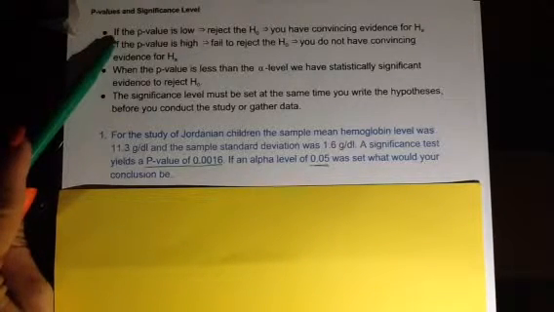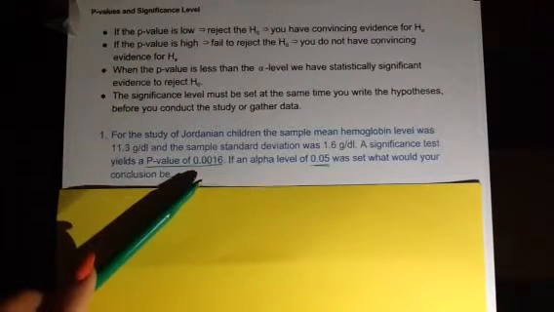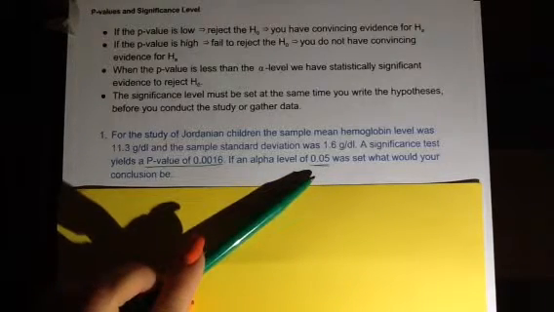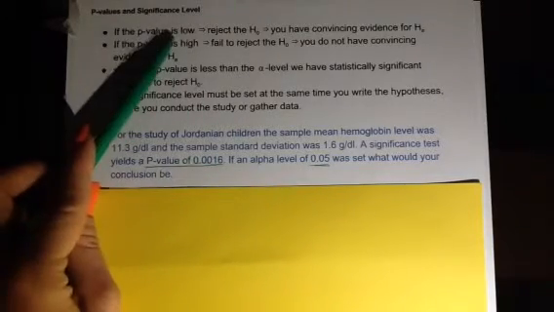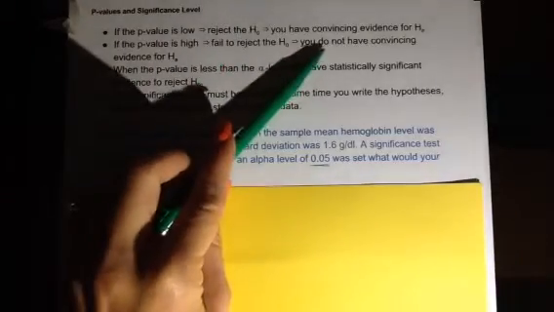Now remember we said if the p-value is low, you reject the HO. If the p-value is high, you fail to reject the HO. So our p-value of 0.0016 is below our alpha level of 0.05. That means that we have enough evidence to say that with this low p-value, we are going to reject the HO, and we have convincing evidence that our HA is true.